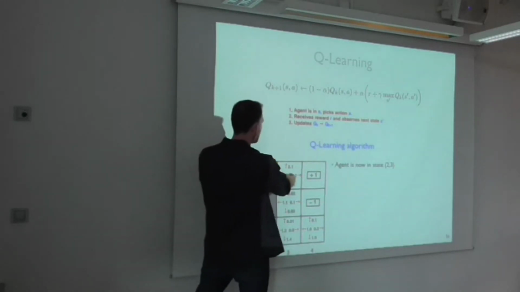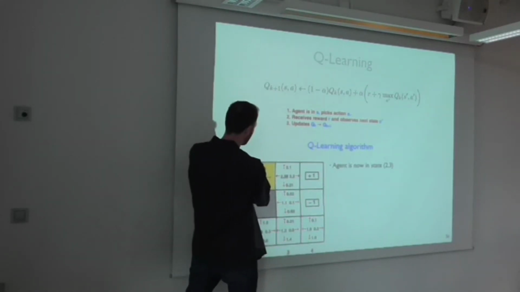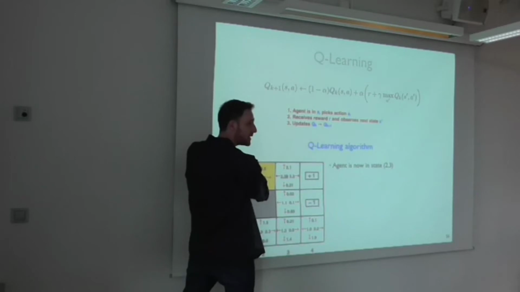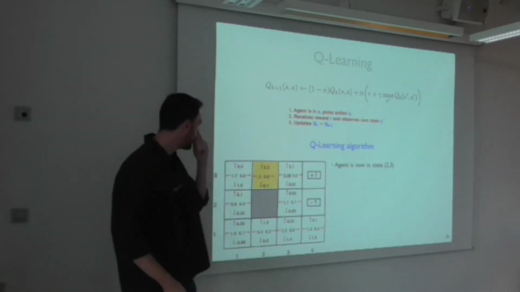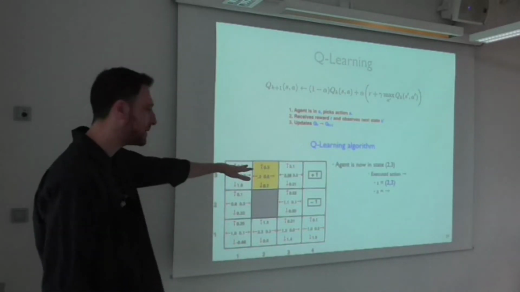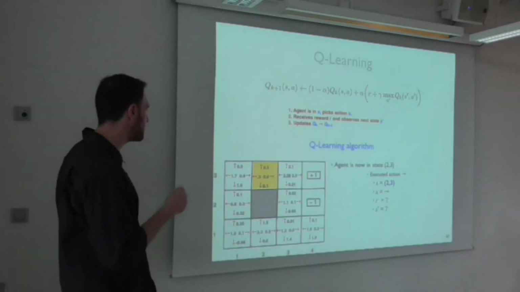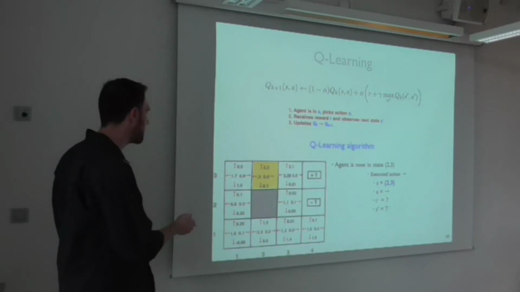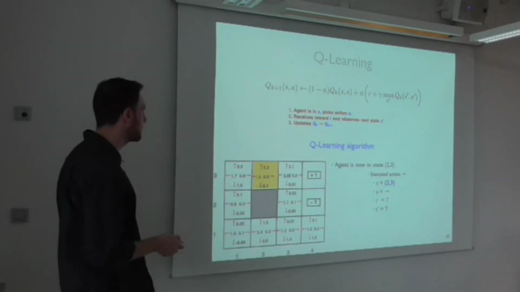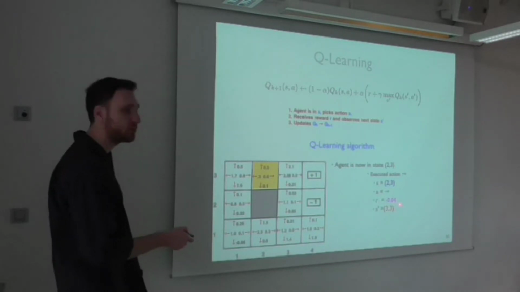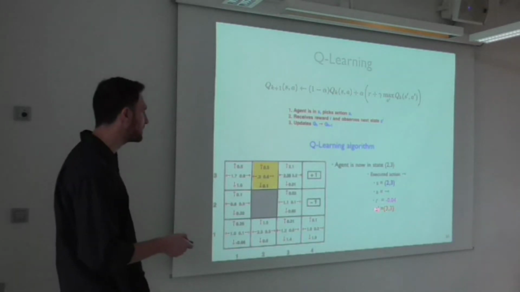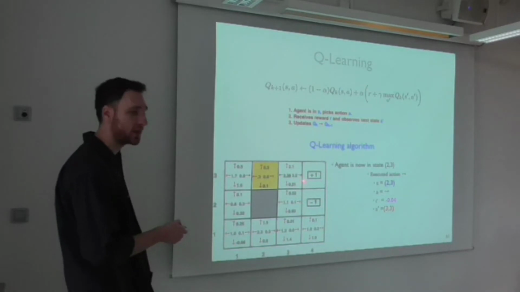With 80% probability I go here, 20% probability I go here, hit the wall and stay, and so on. But let's suppose we decided to execute right, because that is the thing that looked the best. And let's say that in this particular execution of that action, the action actually worked out, and I go to the right. So the reward is I got punished a little bit again, and the next state is 3, 3. I go back to where I was.